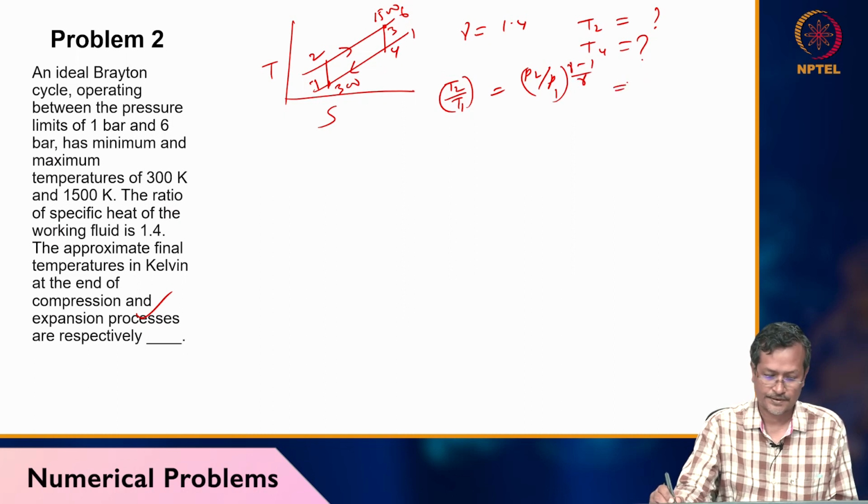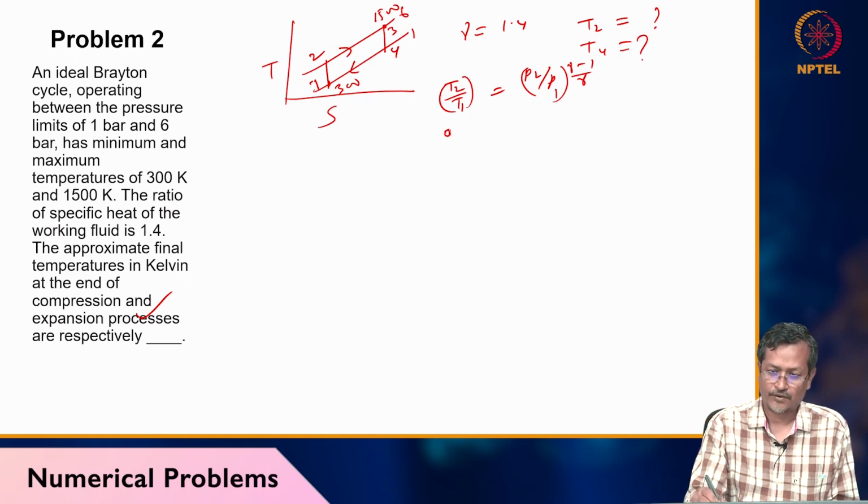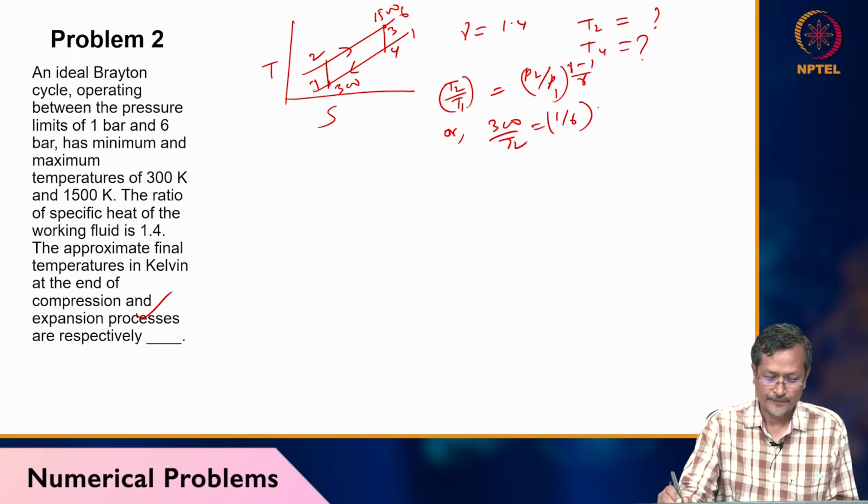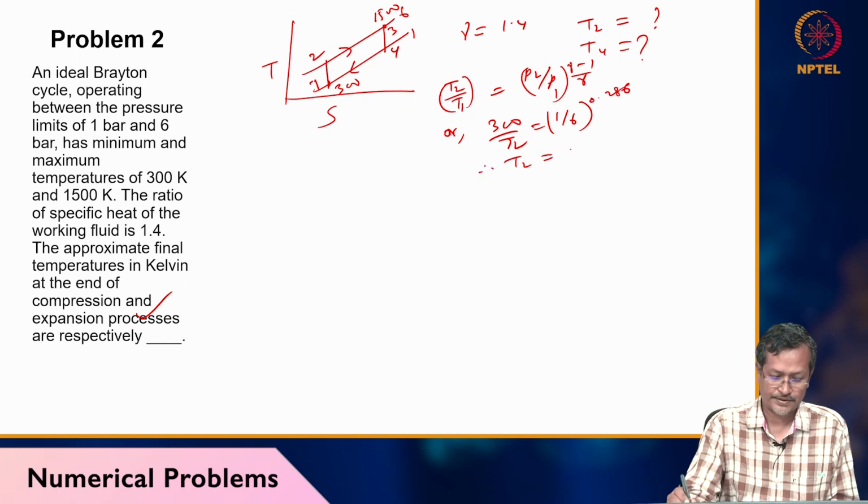That implies T2 divided by 300 equals 6 to the power 0.286. So this gives T2 equals 500 K.